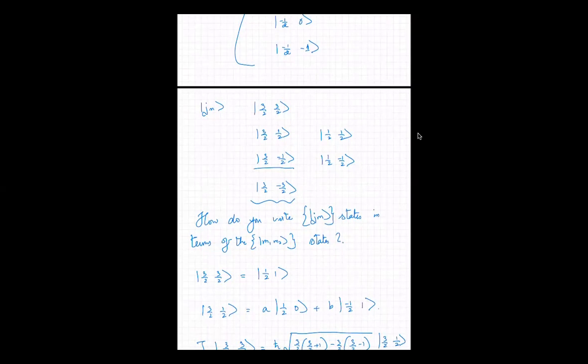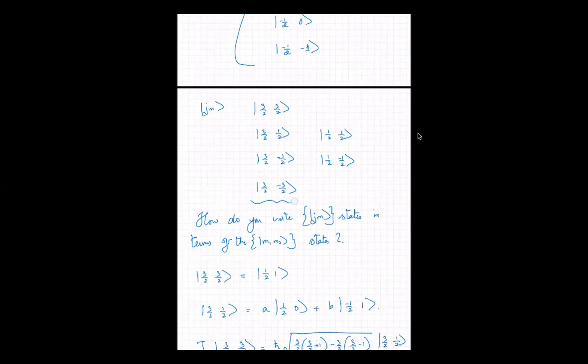Or you can do the elaborate procedure where you apply j minus to this state and go down. Since you know what this state is already, you can write j minus as j1 minus plus j2 minus and figure out the 1/2, minus 1/2 state. So this is the general procedure in which you solve for the Clebsch-Gordan coefficients as a practical matter.